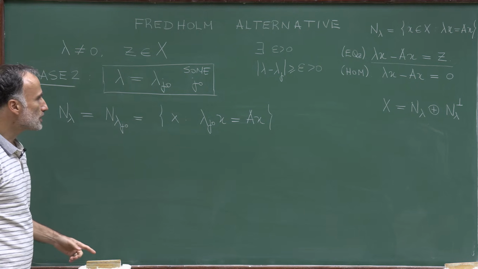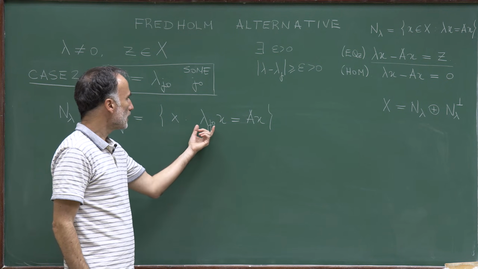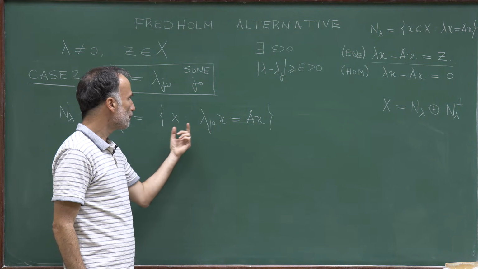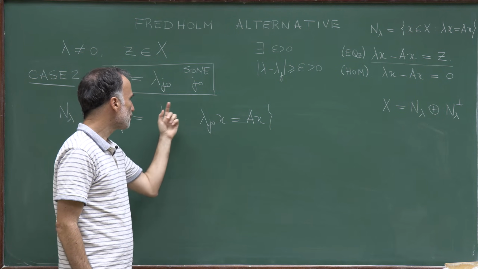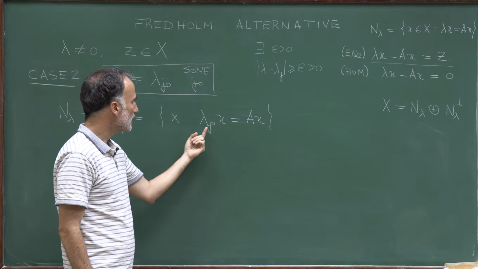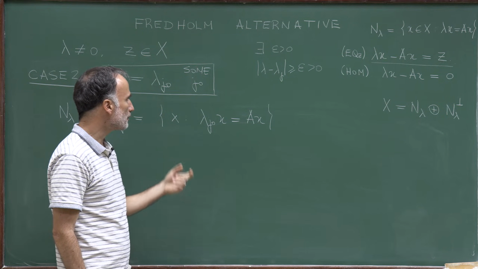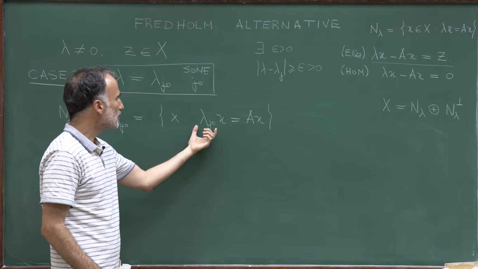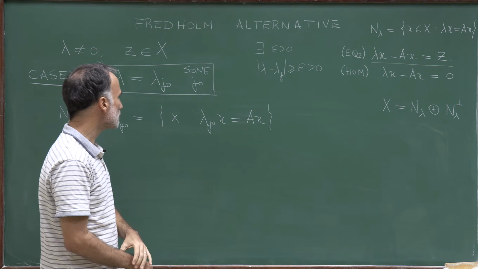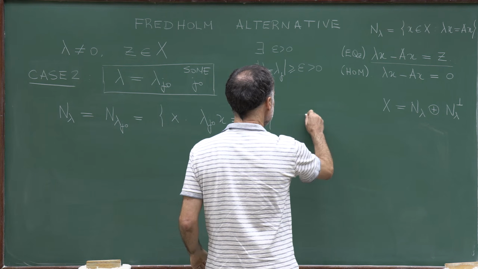So lambda_j0 is an eigenvalue. This identity means that x is an eigenfunction, so this is the eigenspace associated to lambda_j0. And we proved in the previous lecture that lambda_j has finite multiplicity, which means that this space is a finite dimensional space.